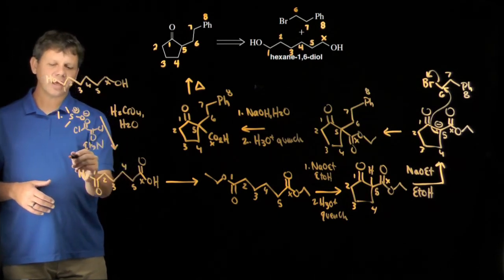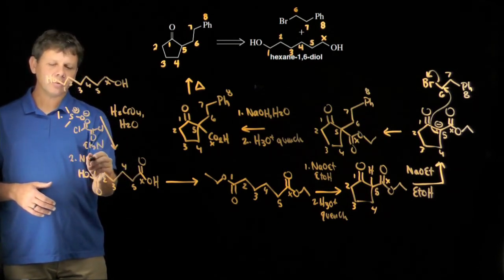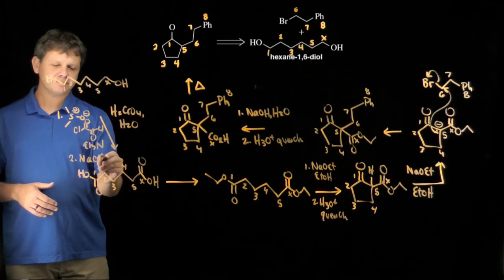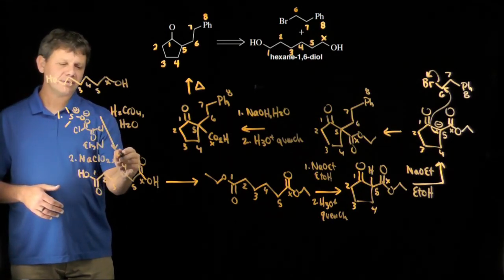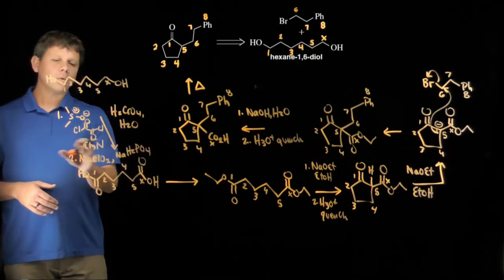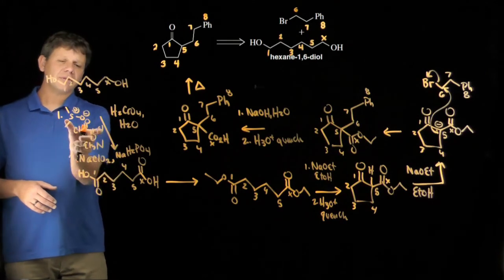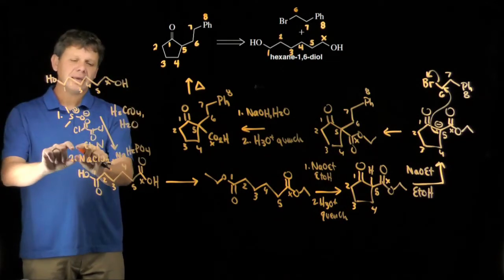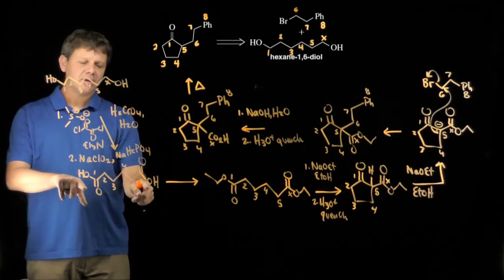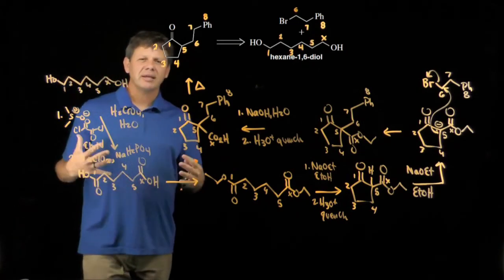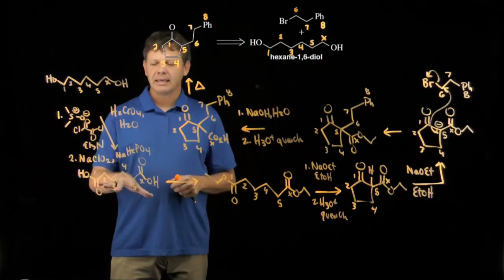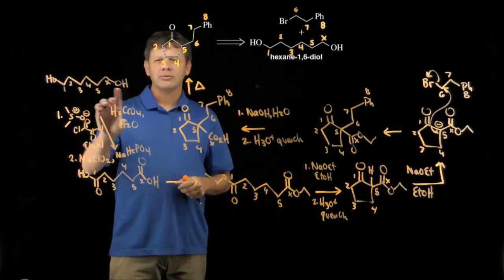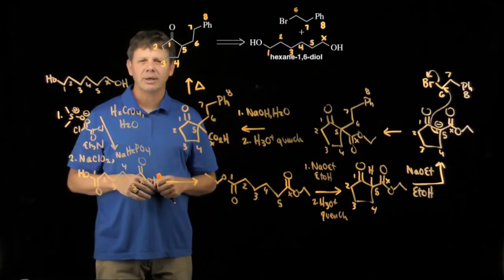That would give us the aldehyde, and then step 2, we would do the Pinnick oxidation using NaClO2 and sodium hydrogen phosphate. So the combination of the Swern oxidation to make aldehydes and then the oxidation of the aldehydes to the carboxylic acids gives us a significantly greener way of making the carboxylic acid and would allow us to avoid using the toxic chromic acid.